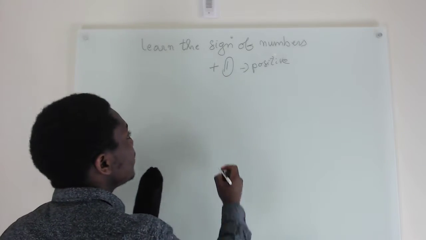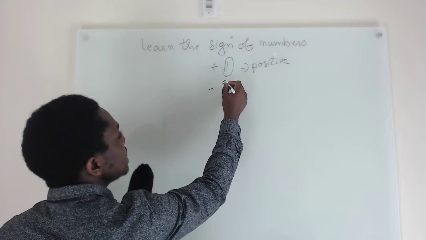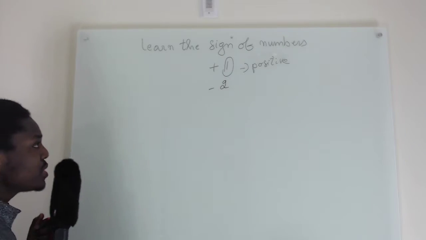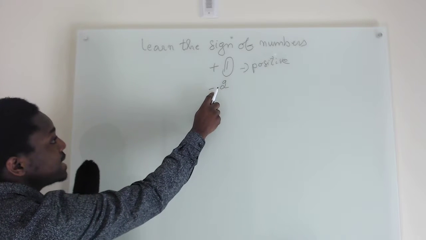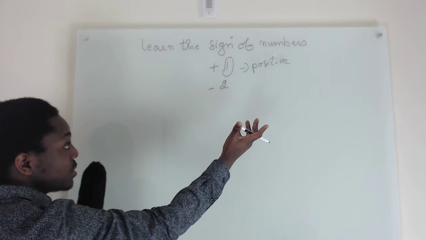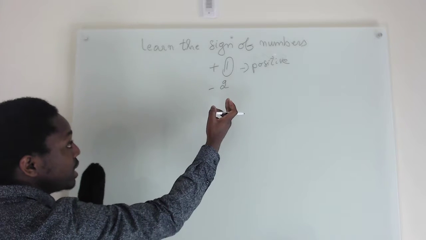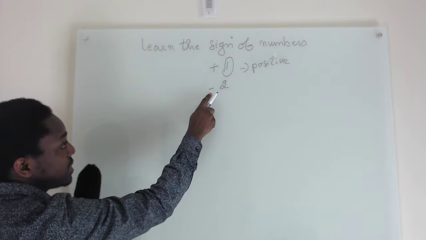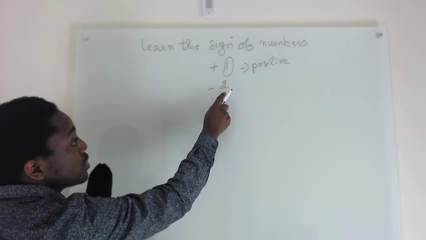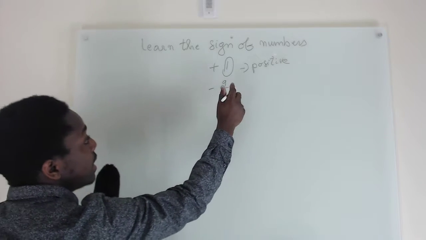When we have another number, let's say -2, the sign of the number 2 is negative. Why? Because as I said earlier, the sign of any number is located on the left side of the number.